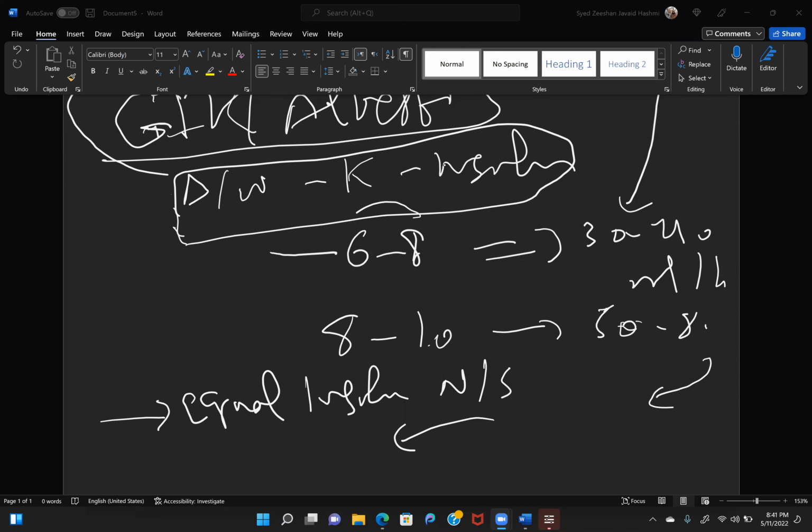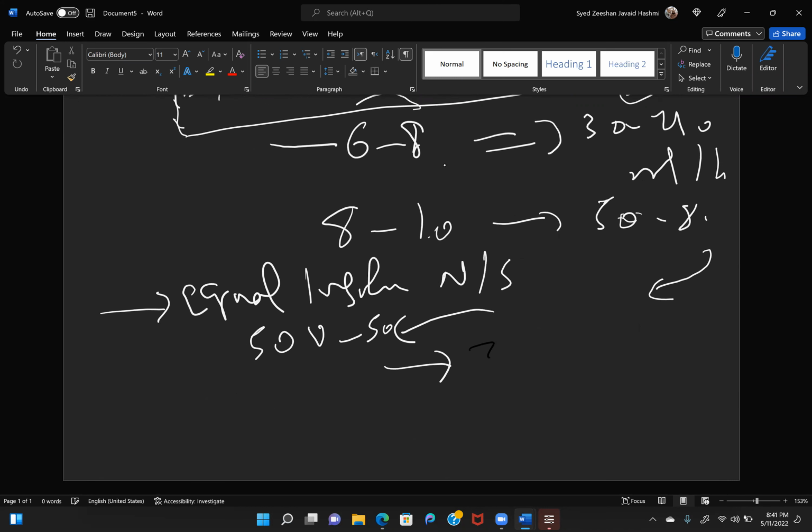Everyone is being disturbed. Equal insulin volume in normal saline, for example, 50 units in 50 ml, and you adjust it every 30 to 60 minutes, and then you control accordingly. You can use this formula: blood sugar level divided by 150.